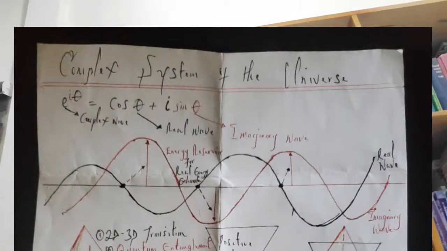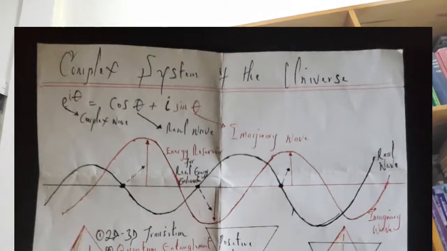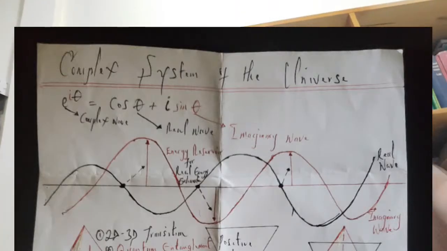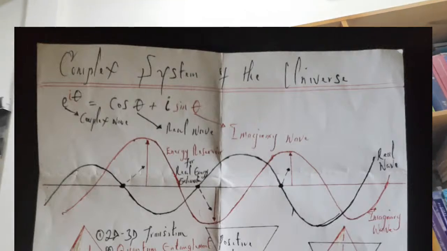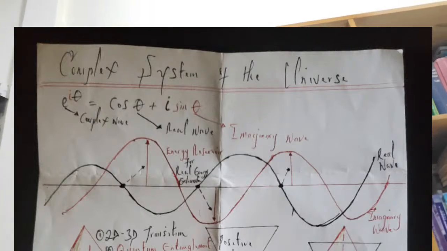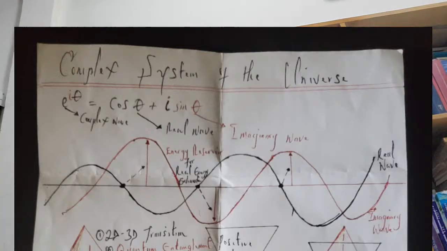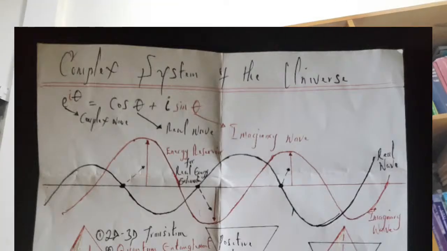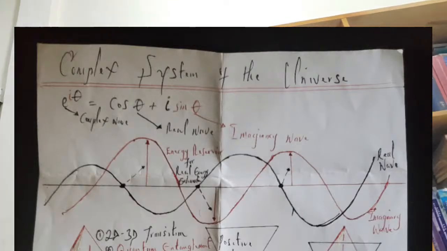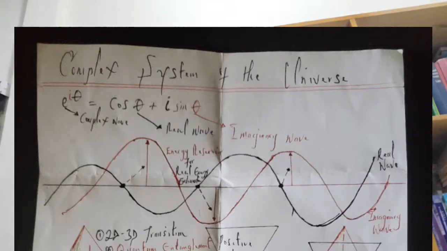So the cosine theta is the real wave, while the i sine theta is the imaginary wave. Now we can extract the imaginary wave from the real wave, and when you look at this wave pattern, the red wave pattern is the imaginary wave, the black wave pattern is the real wave.